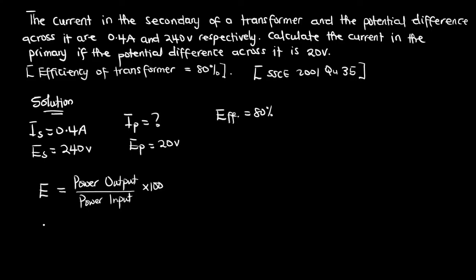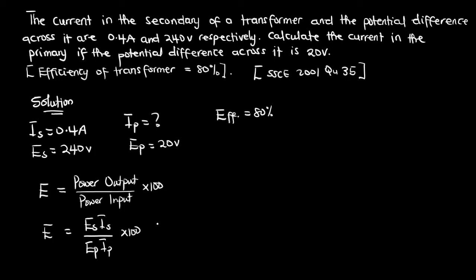So basically our efficiency is equal to the power output, ES IS, over power input, EP IP, multiplied by 100. Now this is the formula that we're going to use to solve our problem.